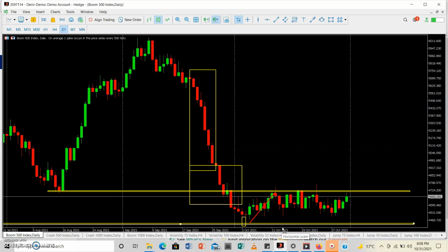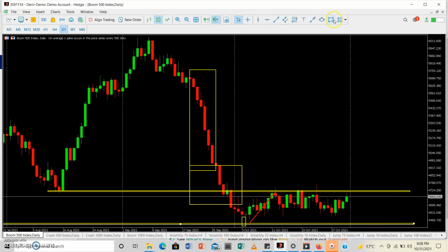On the previous video, you can also check it out and see that we had made an analysis of what is going to happen next, and currently that analysis is being followed. We're in a consolidation zone, so I'm just gonna add more support and resistance zones to this chart and see what price is going to do during this coming week, right?